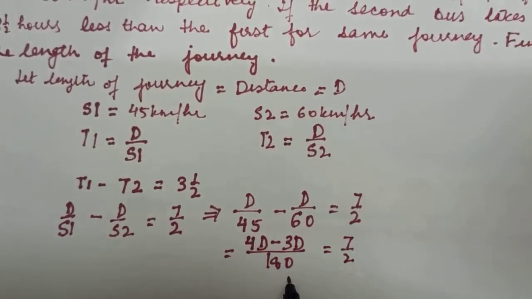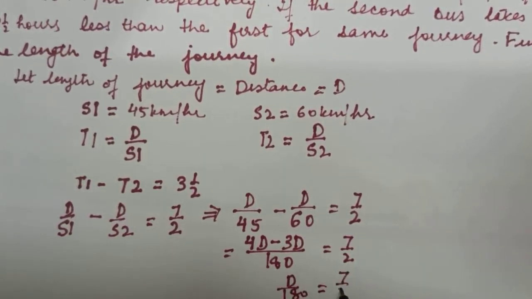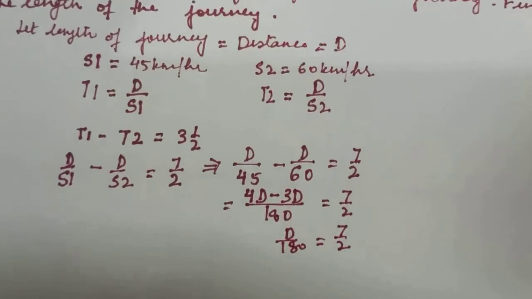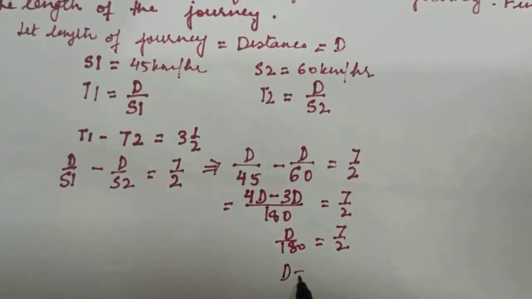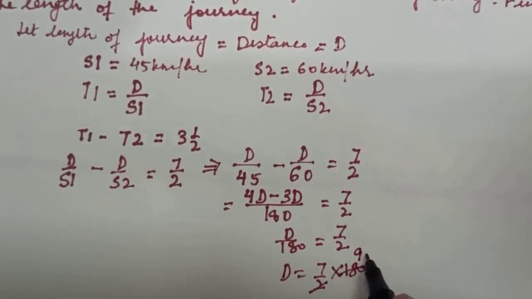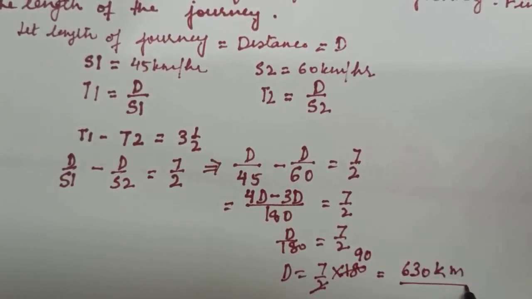So we get D on 180 is equal to 7 on 2. Alright, now it means distance is equal to 7 on 2 into 180. Okay, 2 nines are 18, so we get 630 km as the answer.